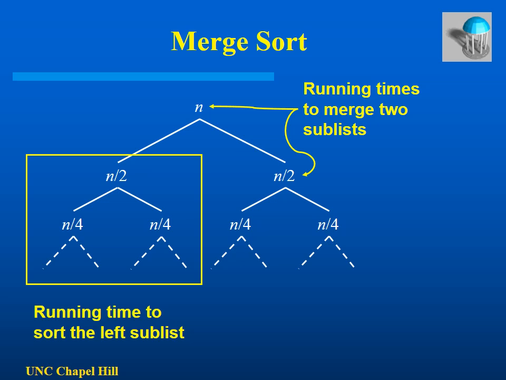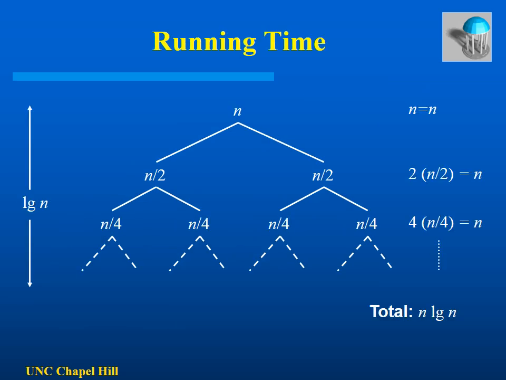And we play the game over and over for log n steps down this tree. And then we look at the total time at every level. So total time at the top level is n. The total time at level 2 is n over 2 plus n over 2, which is n.